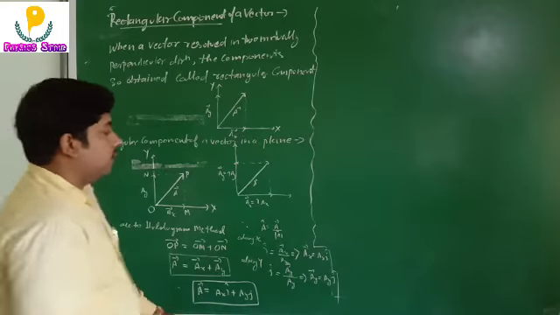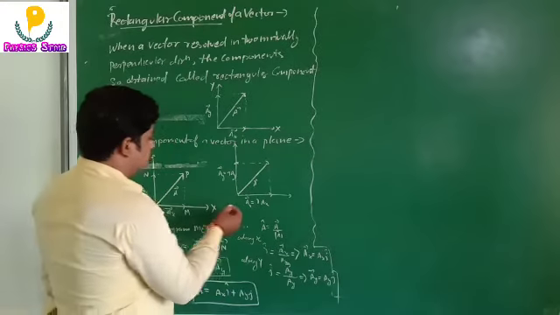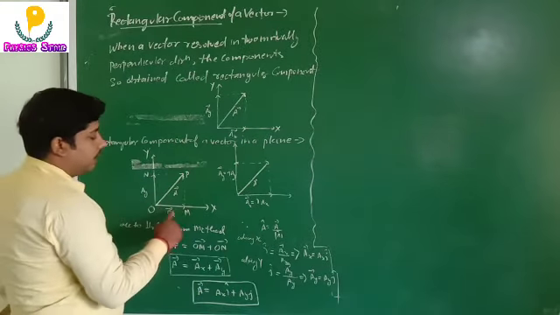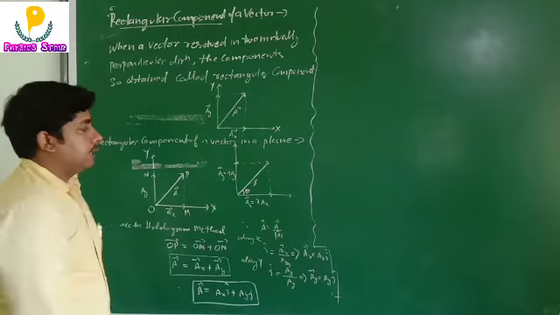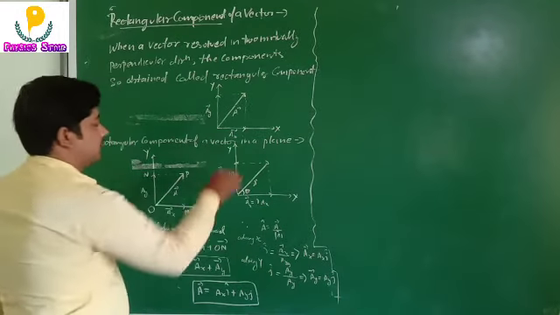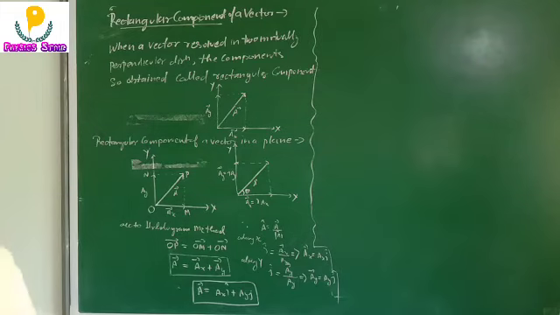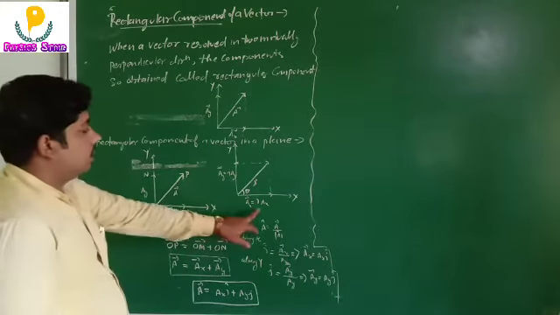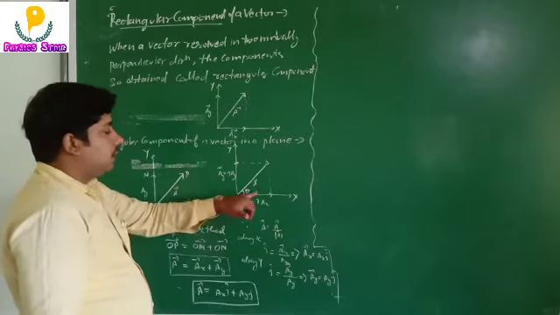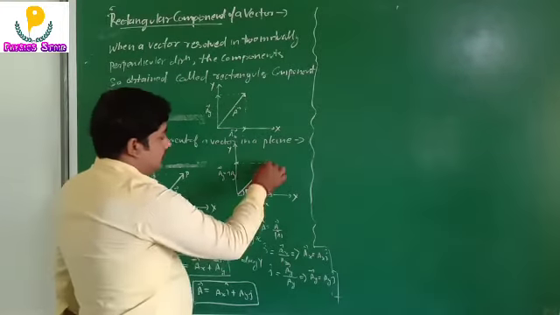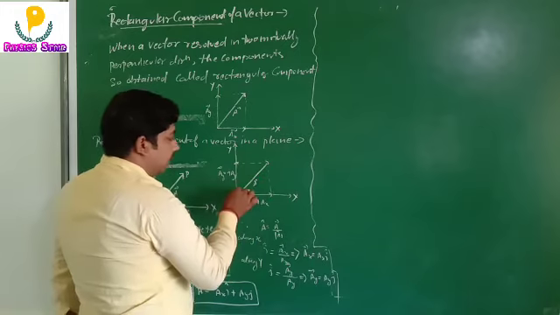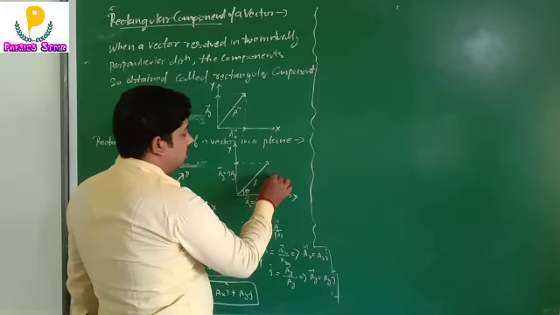For that, if we consider this vector a making an angle theta with the x axis, this is a right angle triangle, so this side is parallel to ay and has the magnitude ay.